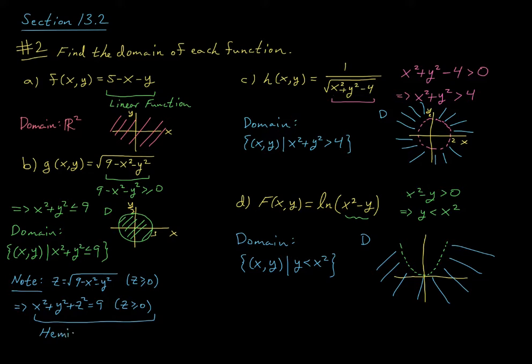Okay, if you watch the distances and spheres video that I've posted, you would recognize this as the equation of a sphere of radius 3, because this right-hand side is the square of the radius, whose center is at the origin. Since, because of the positive square root there, we're just getting the top half of that sphere, so this nice hemisphere.